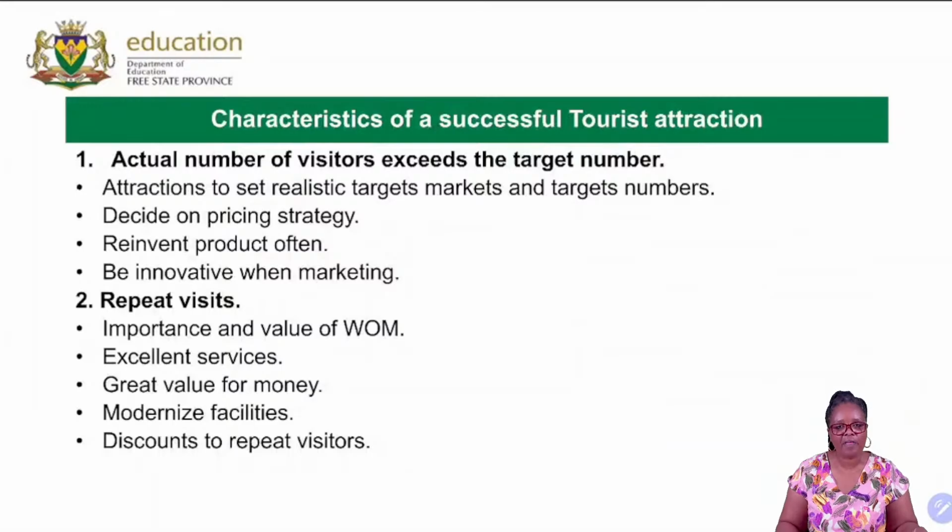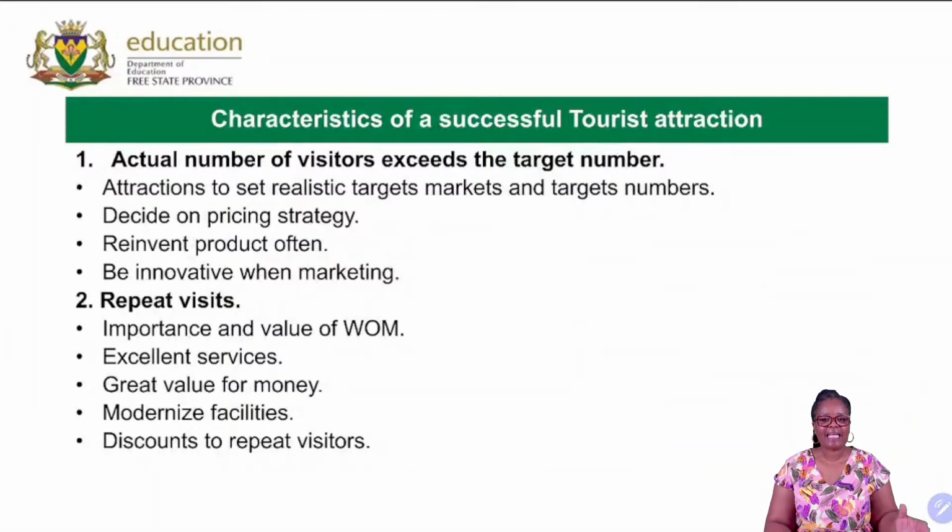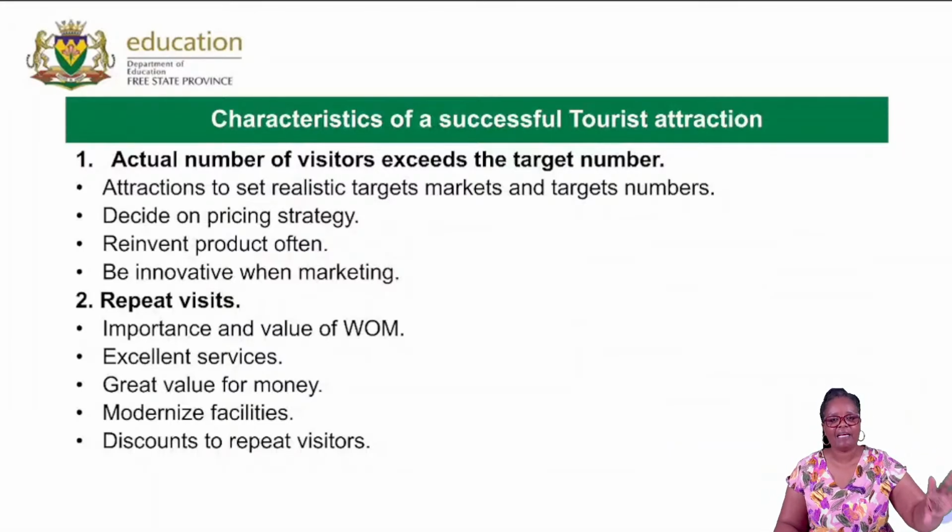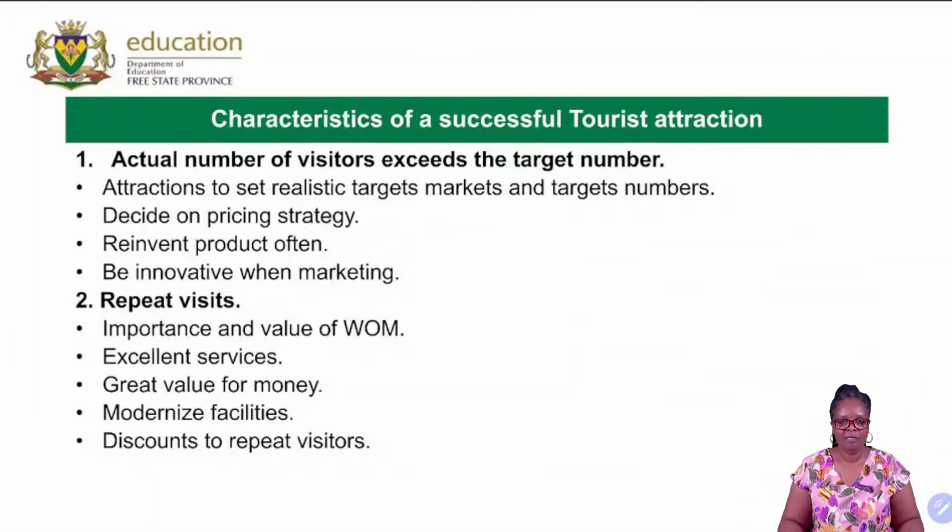They should know that this attraction is for this type of people, their target market. Remember, when you advertise, you market to a group of people. You know exactly who you are targeting. So they must have a realistic target market.